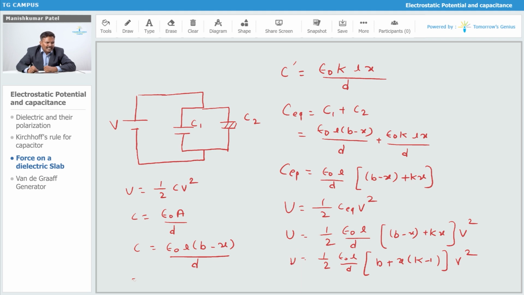By taking the differentiation, you will get the value of the force acting on that dielectric slab. This is the case when the battery has been connected and you insert the dielectric, because of which the capacitance changes and it experiences some force, which you can find with the help of this technique.